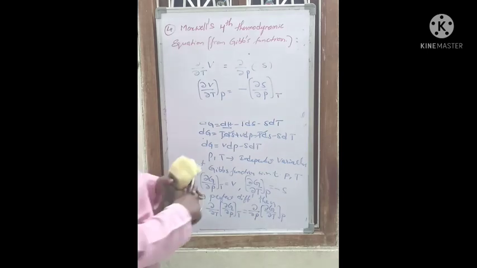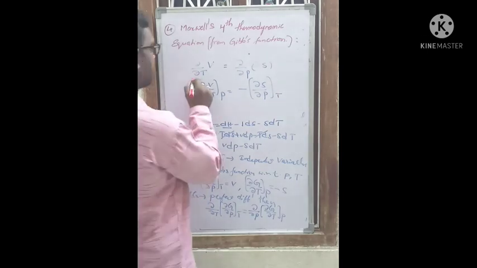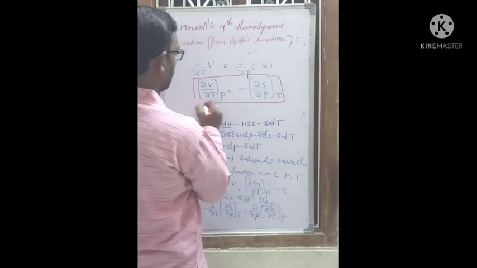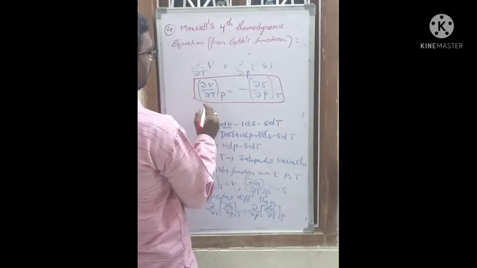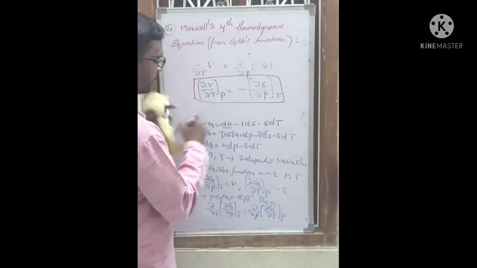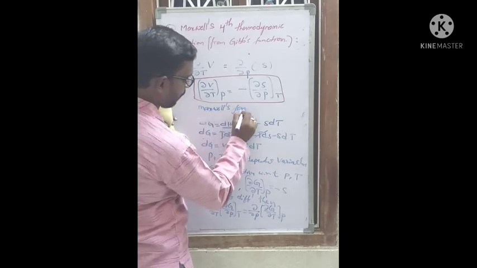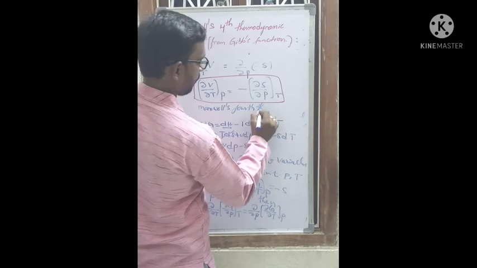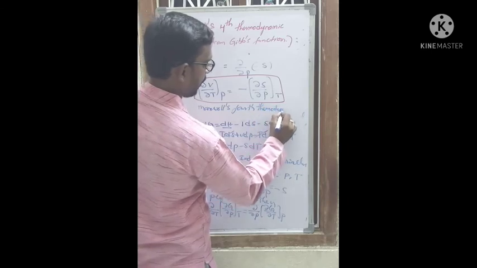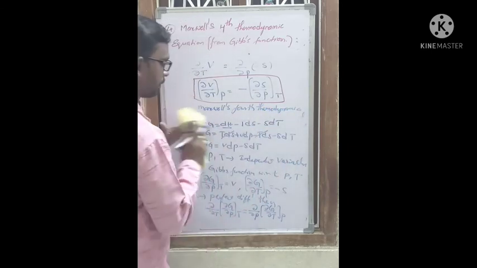This is equation number 4, which represents Maxwell's fourth thermodynamic equation.